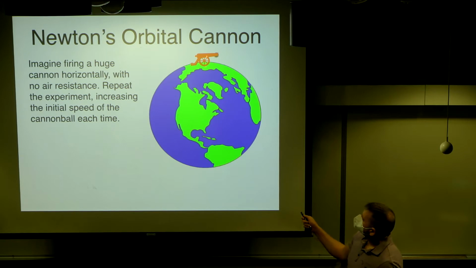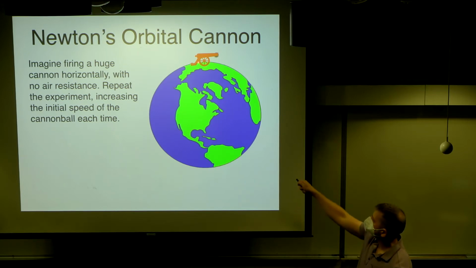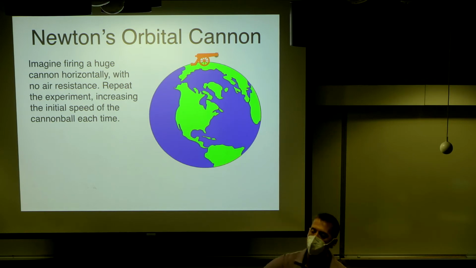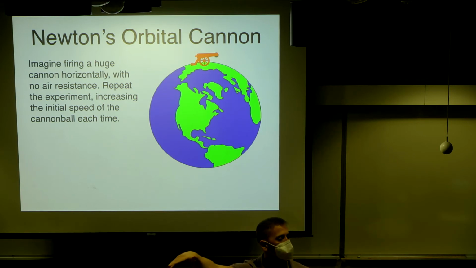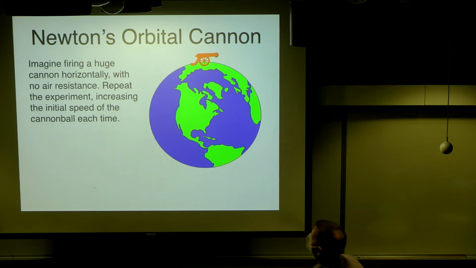Imagine we have this giant cannon, okay? And it's really tall. Let's say it's so tall that it's above the atmosphere, so we don't have to worry about air resistance, okay? And we're going to fire this cannon horizontally. So we'll shoot a cannonball out, and it's going to travel horizontally.